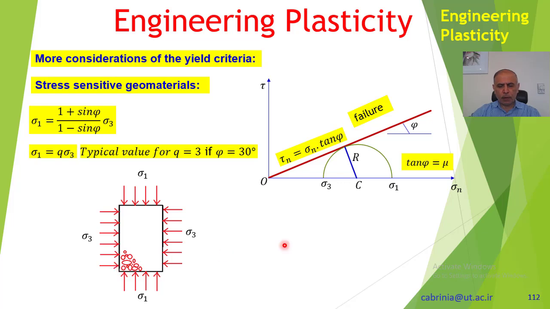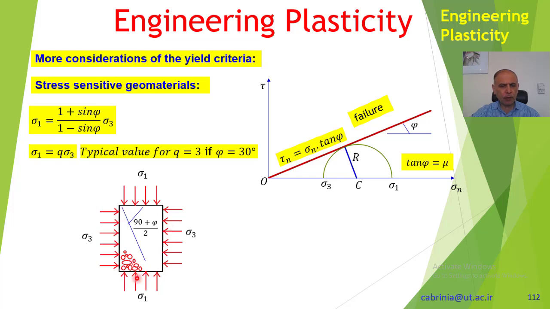So if we consider this volume, supposing this is a rock, a rock which consists of these granular particles, or this could be a mechanical part which has been manufactured using powder metallurgy. So these are the powder particles.